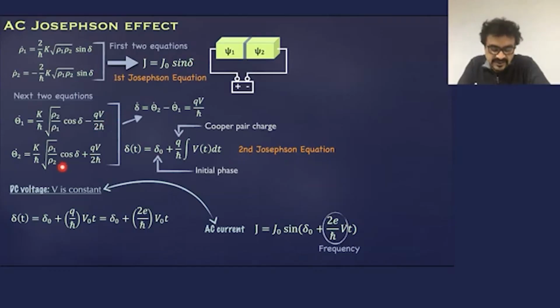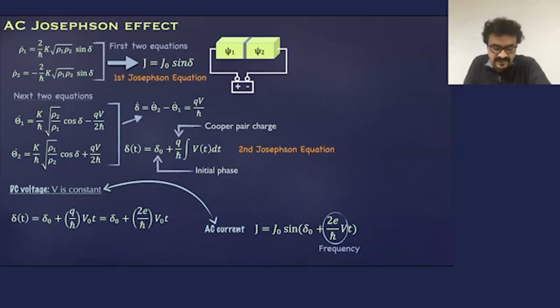The next two equations are θ1 dot, which is κ by h bar, ρ2 by ρ1 cos delta, where delta is the phase difference, minus qV by 2h bar, where V is the applied voltage and q is the Cooper pair charge.